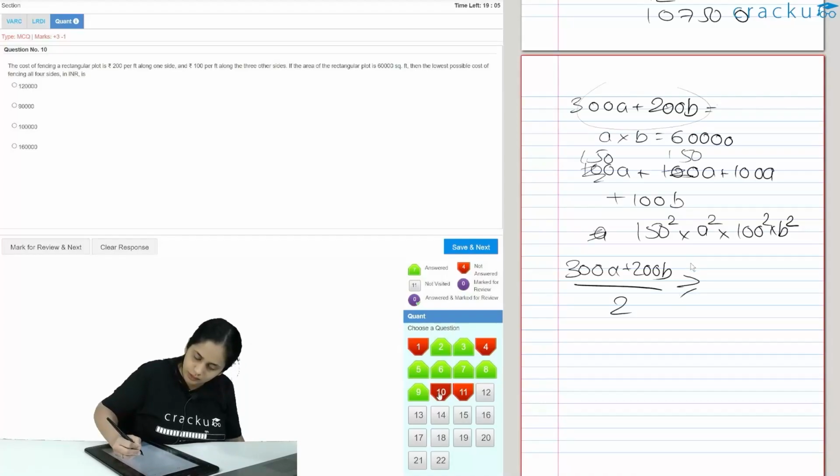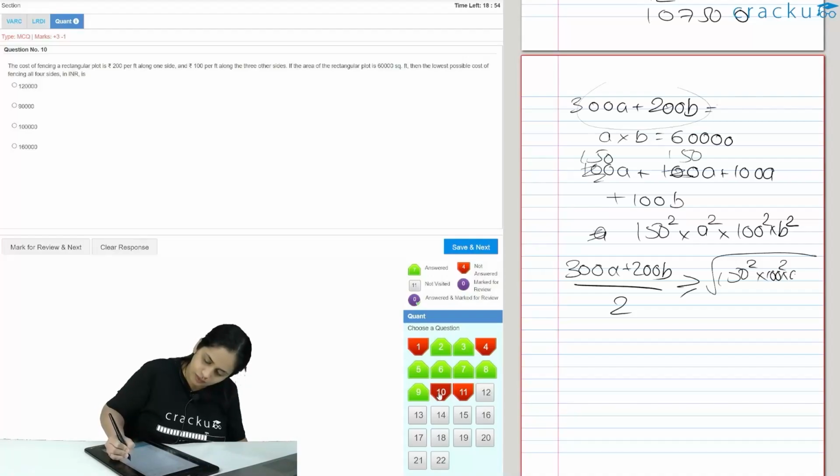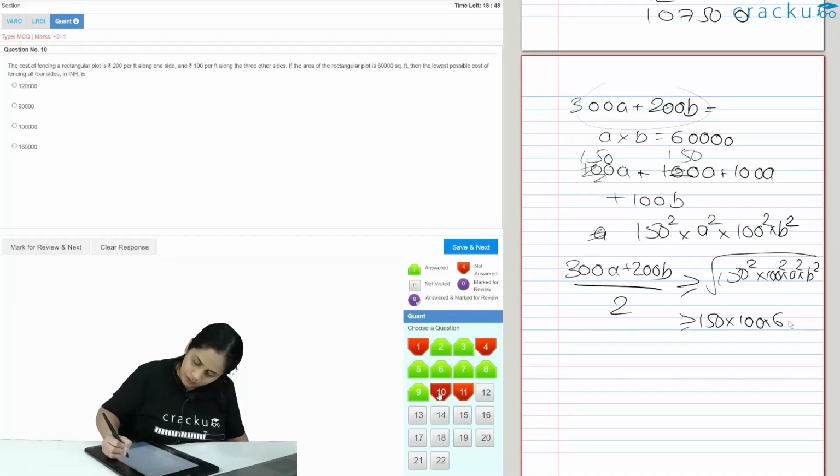is greater than or equal to the square root of 150 into 100 into 60k.